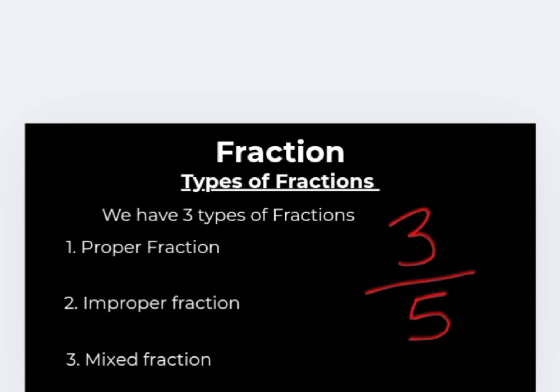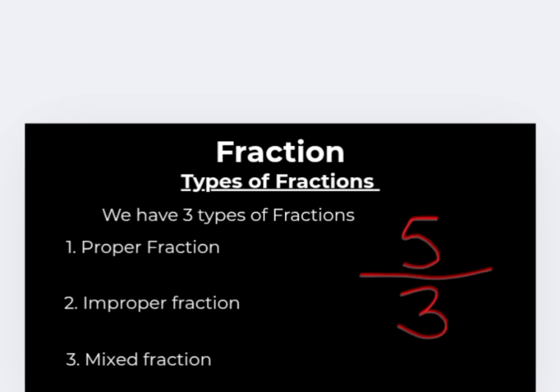All right, now when we look at the improper fraction, the improper fraction is a kind of fraction where the larger number is at the top, 5 over 3. This is an improper fraction. The reason is, it is not possible for the larger number to be at the top.